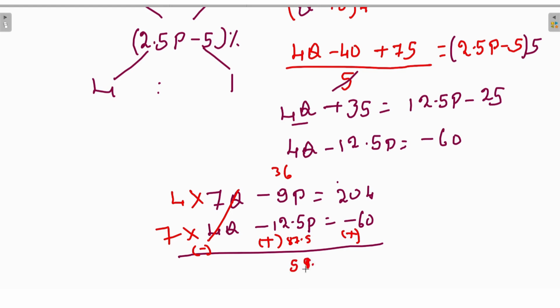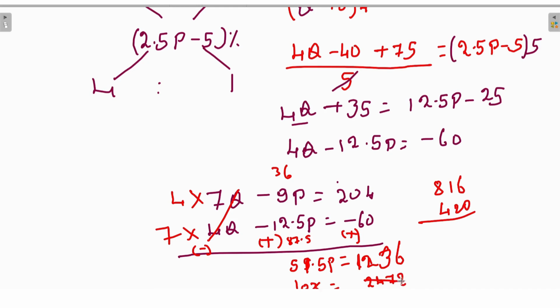Sorry, 51.5. 51.5 is equal to 204 and 60 into 7 is 420, 420 plus 816. If I solve that equation, 1236. 103p is equal to 2472. So 103 times 24, p is equal to 24. The p value is equal to 24.